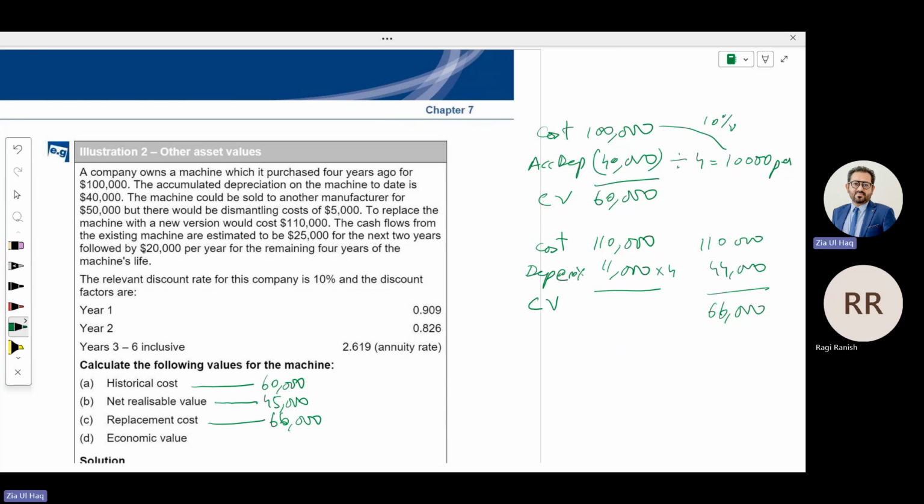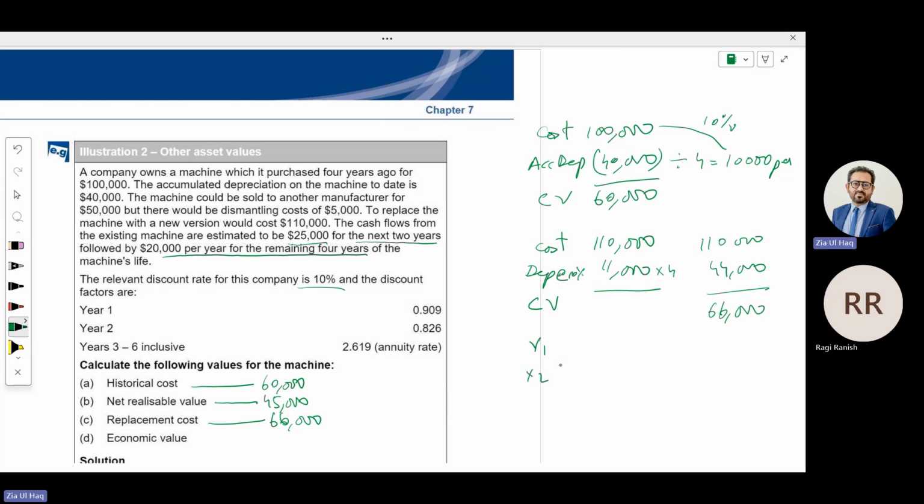The cash flows from the existing machine are estimated to be 25,000 for the next 2 years, followed by 20,000 per year for the remaining 4 years of the machine's life, and the discount rate is 10%.